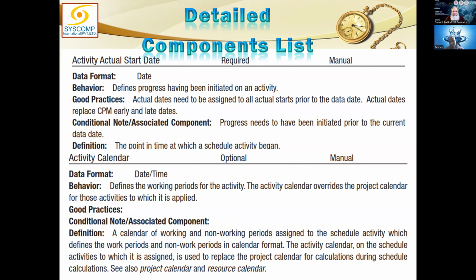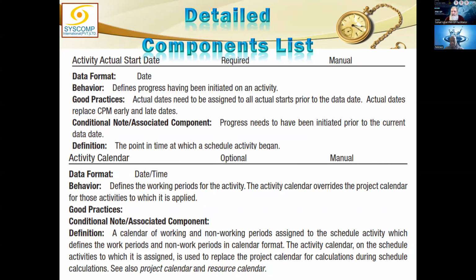Good practices: actual dates need to be assigned to all actual starts prior to the data date. Data date is the progress date. Today I am noting whatever has started before this date; whichever activities have started must have an actual start date assigned. Actual dates replace, again, because actual has happened. So early start and late finish do not matter here.